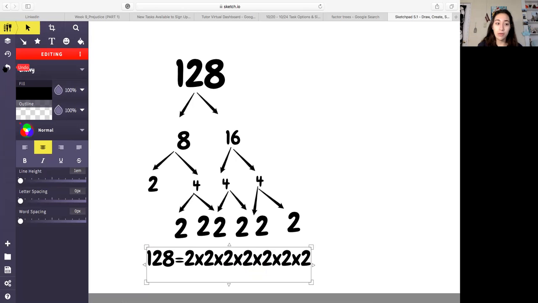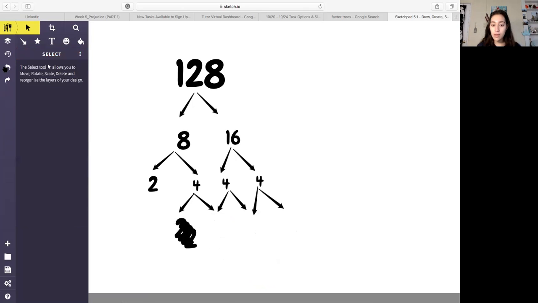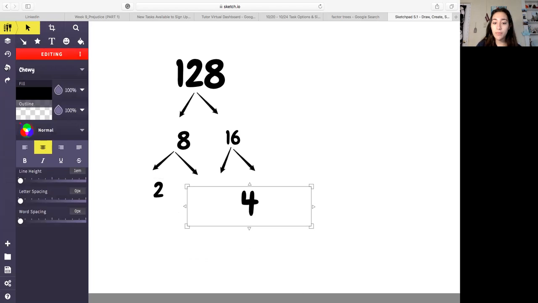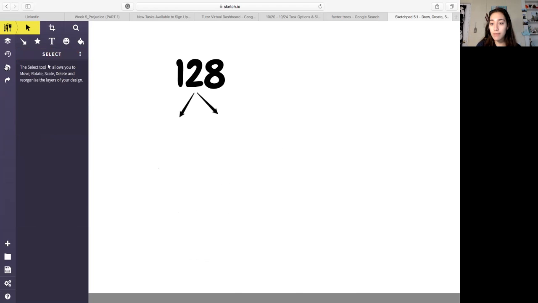So actually we'll do a factor tree for 121, because that is something that I think would be useful. If you know, 121 is 11 squared, so that's 11 times 11.